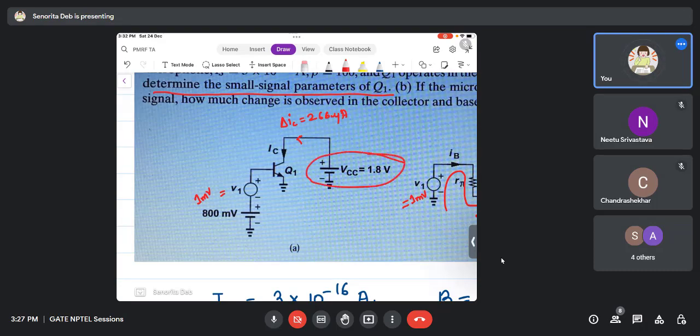There is this fixed battery here, because of which the change in current is not able to reflect. So what we have to do? We need to have a resistance which will manifest this change in current as a change in voltage across it. Is this clear, whatever I am trying to imply?